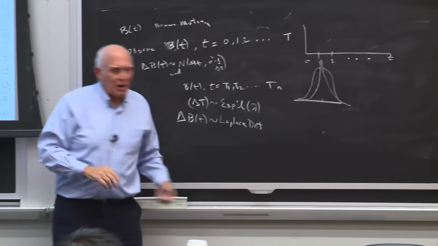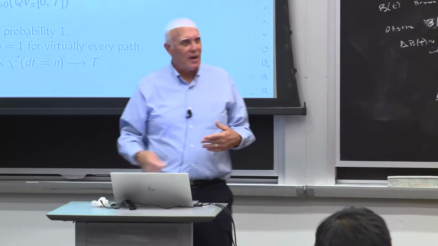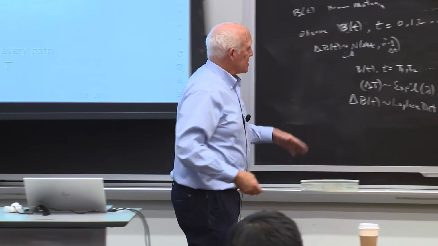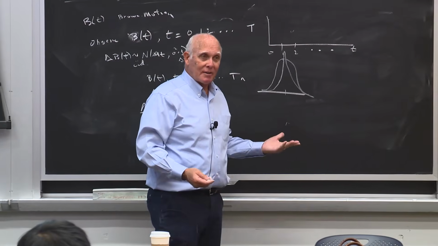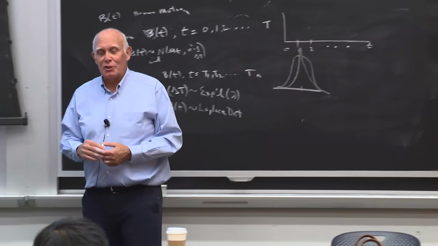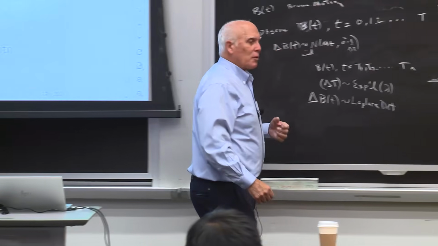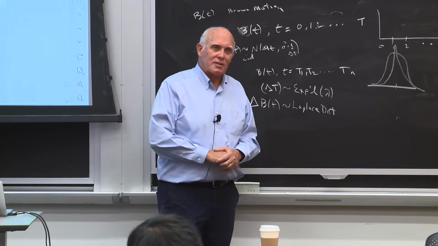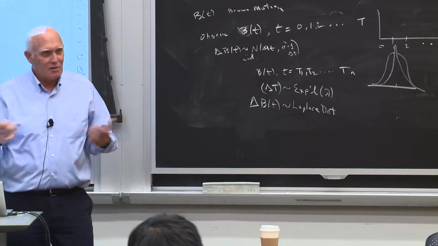And it turns out that with Standard and Poor's 500 returns, this Laplace model seems to fit the data much better, which leads to the consideration of what are called subordinated stochastic processes, where the time scale is different than our sort of clock time.